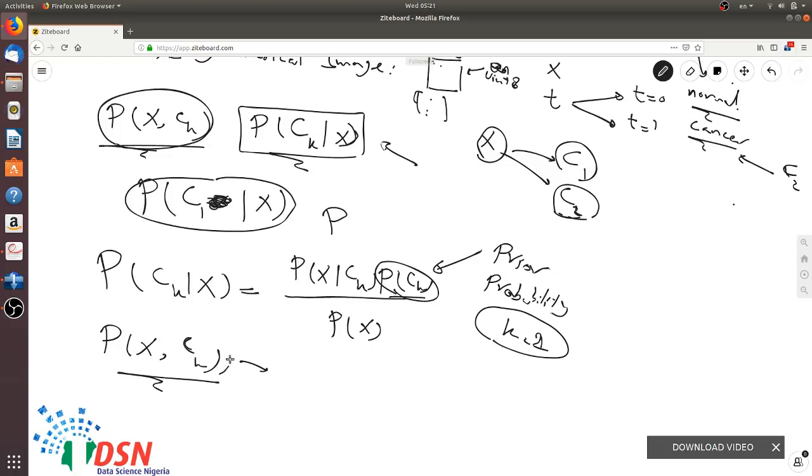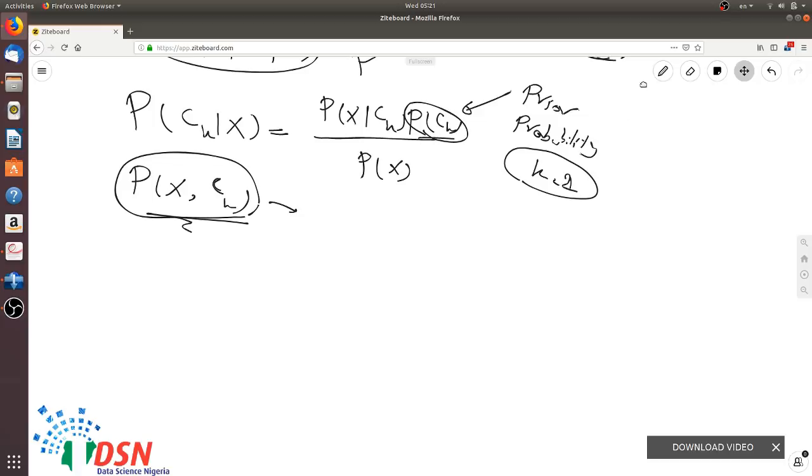The joint is a more informative distribution, as we mentioned, but we don't need it in all situations. Sometimes this is enough for us to make a decision. So now our goal is to minimize the chance of assigning x to the wrong class.